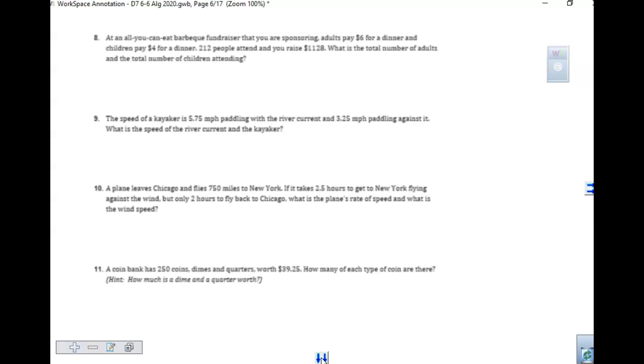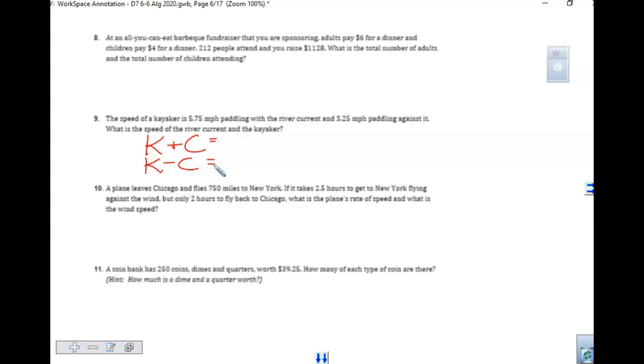Number 9, speed of a kayaker paddling with the current is 5.75. So you're going faster with the current, 3.25 going against. K for kayaker plus the current, kayaker minus the current, right? Which one's going to be more?